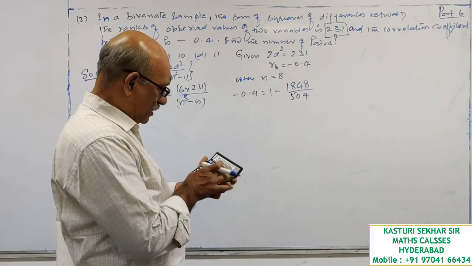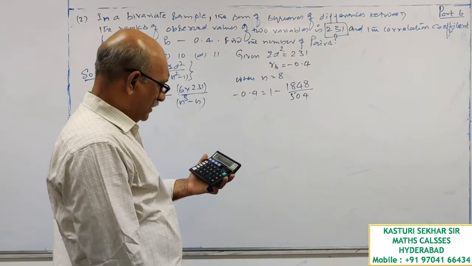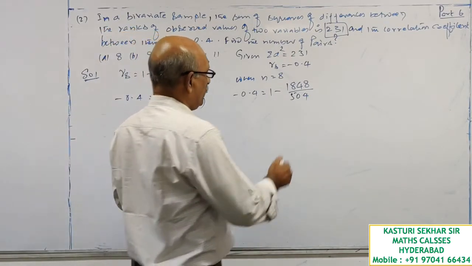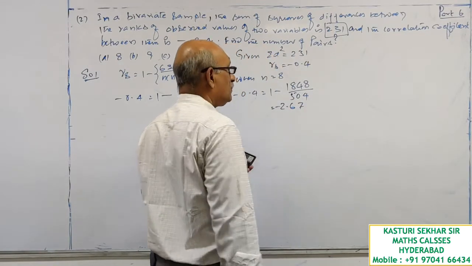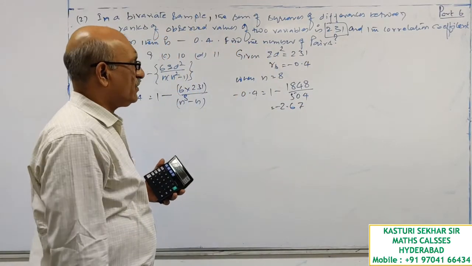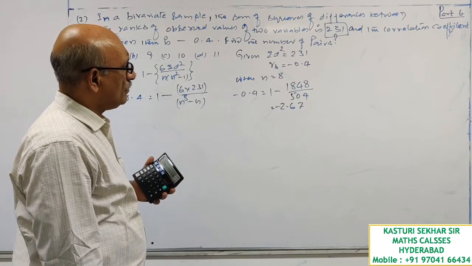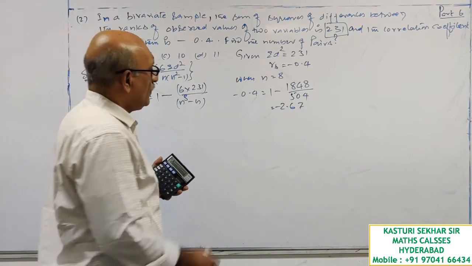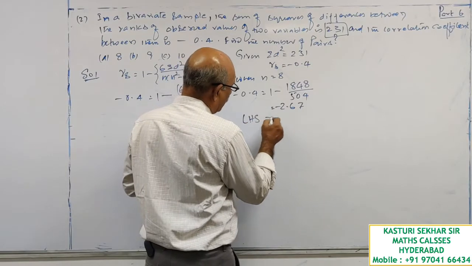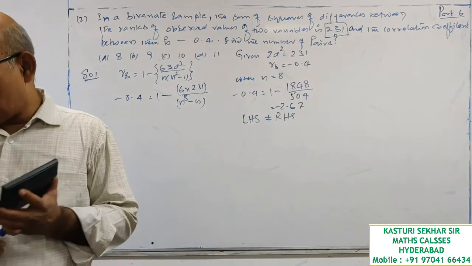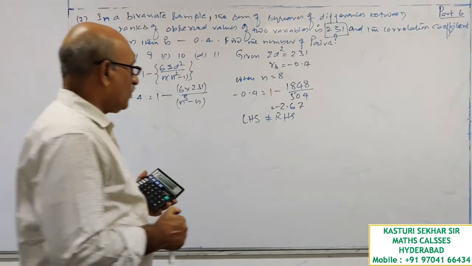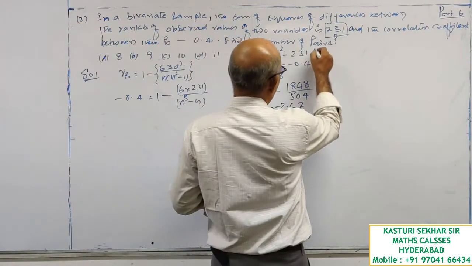When I subtract this from 1, I get minus 2.67. LHS is not equal to RHS. Therefore, 8 is not the answer.